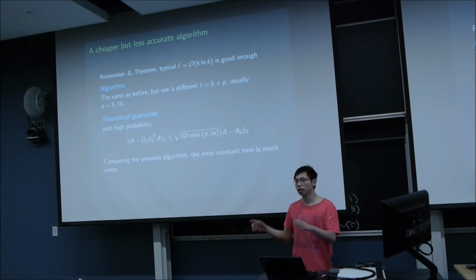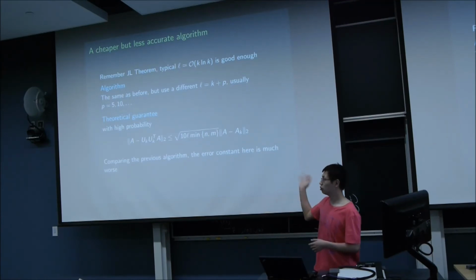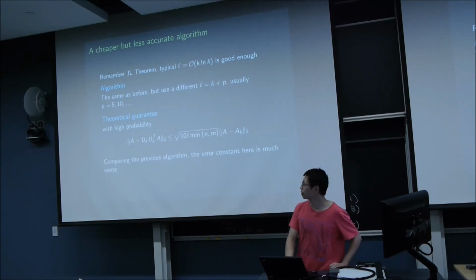So you draw a random matrix whose number of columns is about the same as K, and do the projection. Here's the error bound. Remember that previously we had 1 plus epsilon, but now the constant is much larger: it's 10 times L times the minimum of N and M, the square root of it.